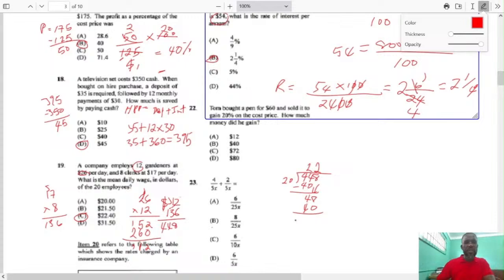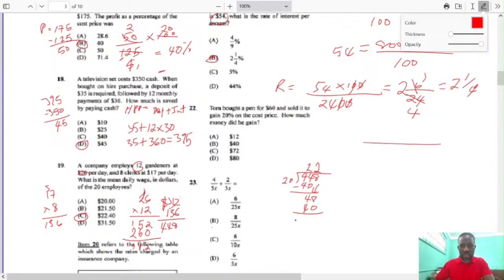So number 22 says: Tom bought a pen for $60 and sold it to gain 20% on the cost price. How much money did he gain? All right, so basically I want to look at this.